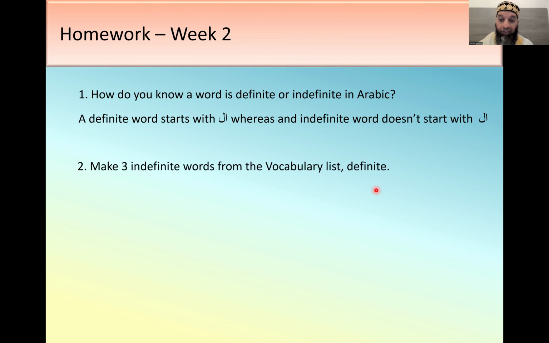Make 3 indefinite words from the vocabulary list definite. So it's basically asking you to get 3 words that don't start with al, and now you have to make them start with al. You have to attach al to the word. I picked 3. Yawmun would become al-yawmu.